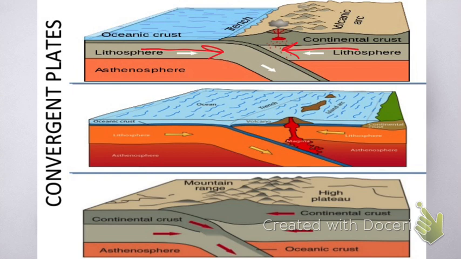And here, this top one here, we'll call this A, you've got ocean crust, more dense, going under continental crust. Here you've got ocean crust and ocean crust, the more dense ocean crust going beneath. And then here you've got continental and continental crust. So you're not going to get volcanoes, you're not going to get friction, but you do get really tall mountains here. Okay, that's a convergent boundary. Two plates slamming into each other.